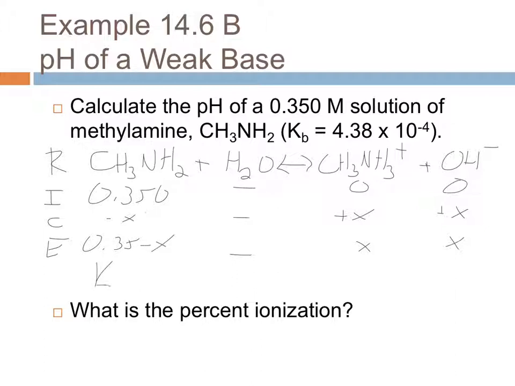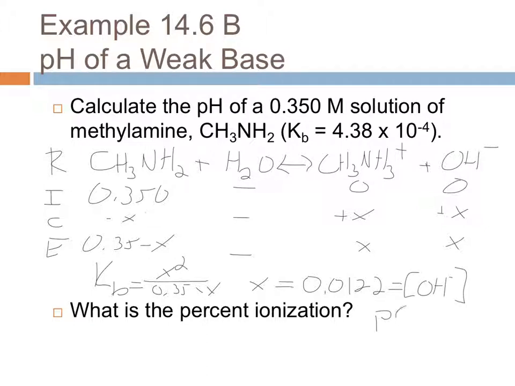So Kb this time is going to be x squared over 0.35 minus x. x will come out to be 0.0122, and that is the hydroxide. So a negative log of that number is my pOH. Hydroxides give you pOHs, 1.91. 14 minus 1.91 will give me the pH, 12.09.